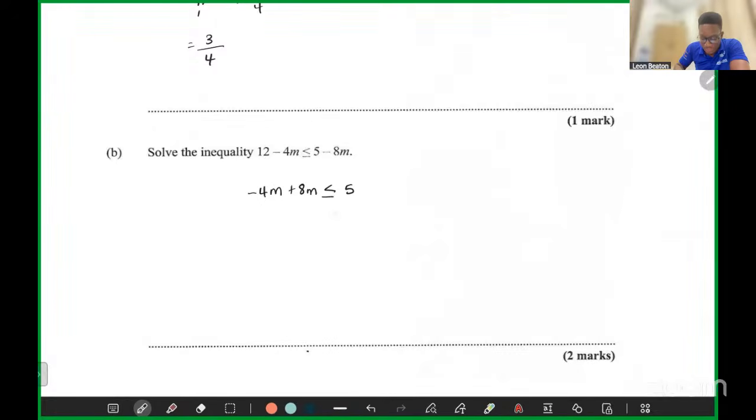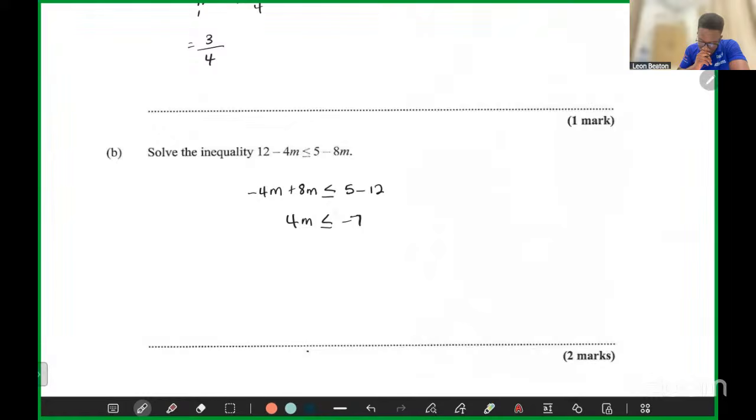We carry over the 12, it will become minus 12. So negative 4m plus 8m would give us a positive 4m, is less than or equal to 5 minus 12, that would give us a negative 7.